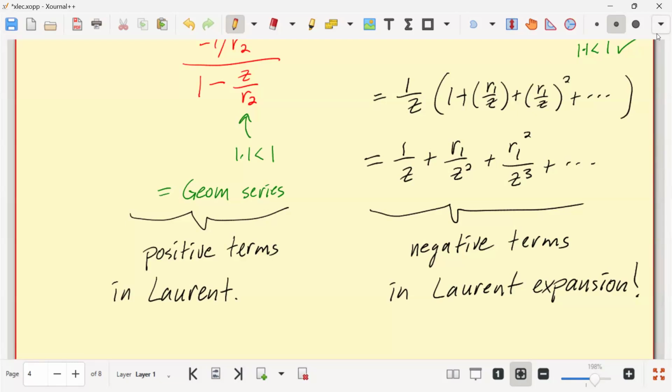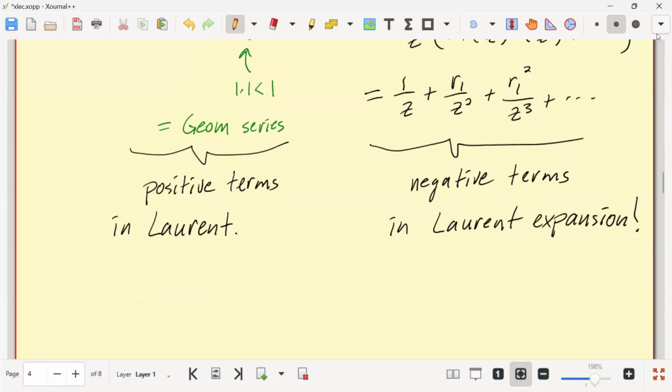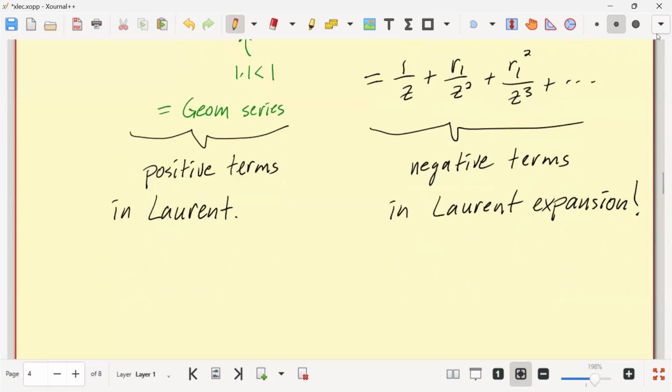Well, you'd be wrong to say that because the essential singularity business only holds at an isolated singularity. So the fact that this has infinitely many negative terms is meaningful when it's in the inner circle where the function has an isolated singularity, but not meaningful at all in the annular region between absolute R1 and absolute R2.